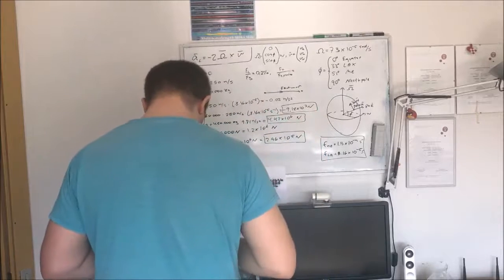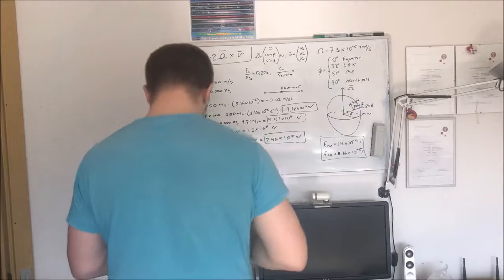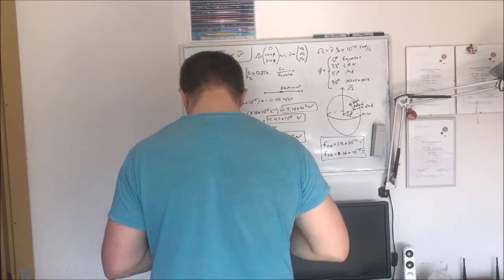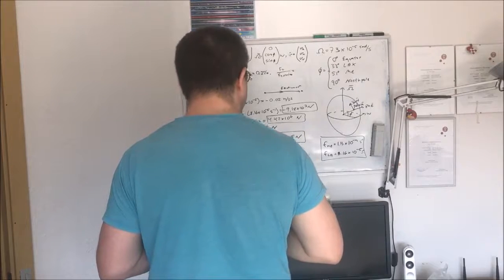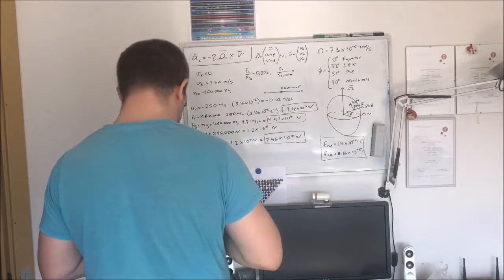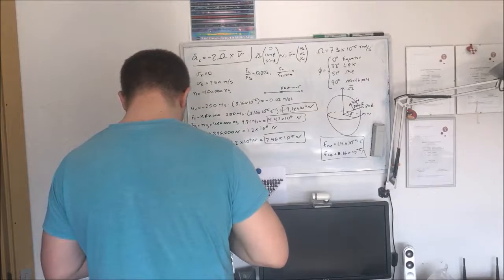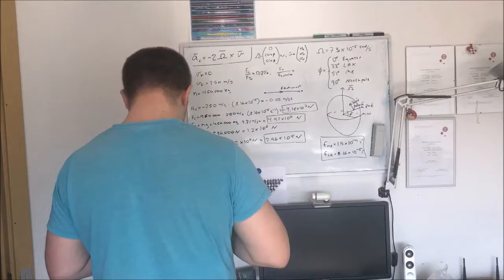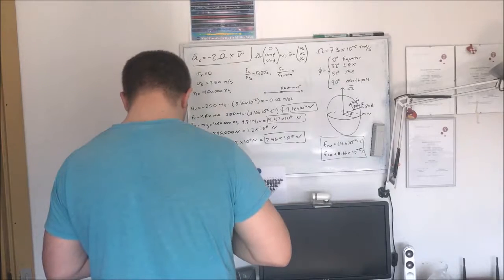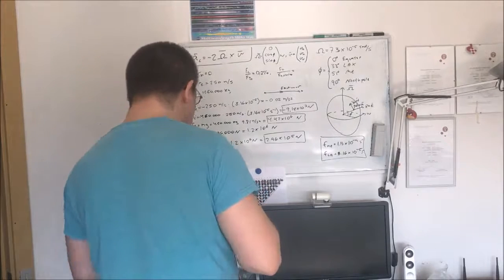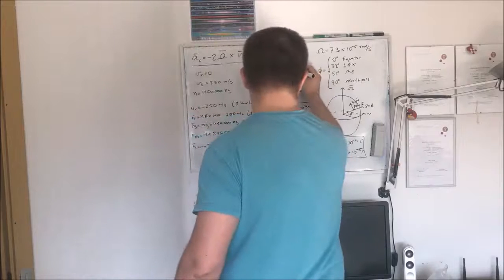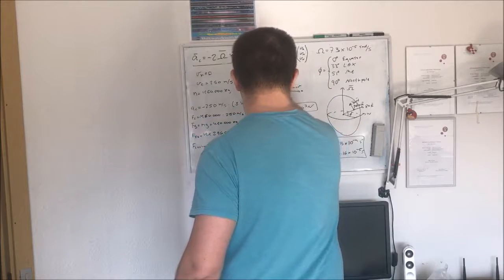And that is, again, 9.18 times 10 to the third divided by 2.96 times 10 to the fifth. That is 3%, roughly.